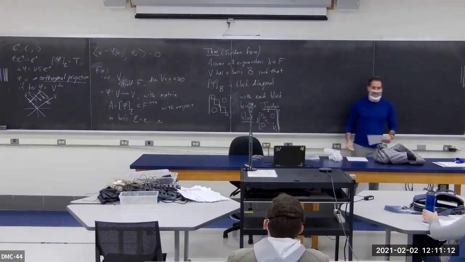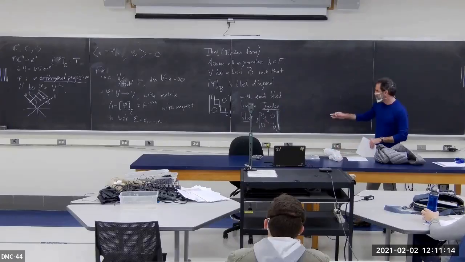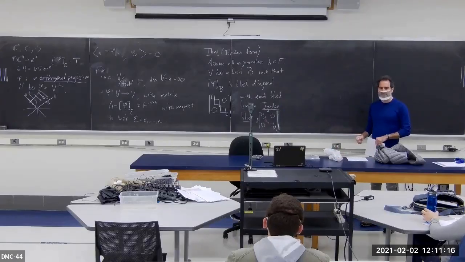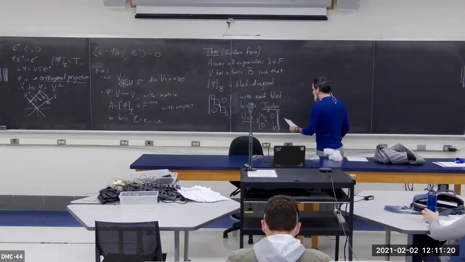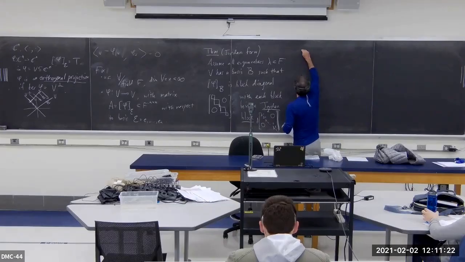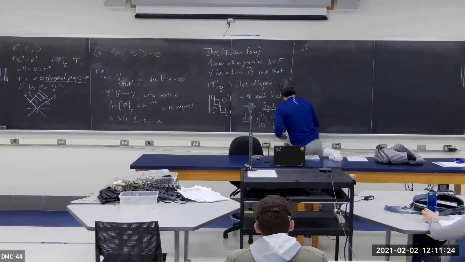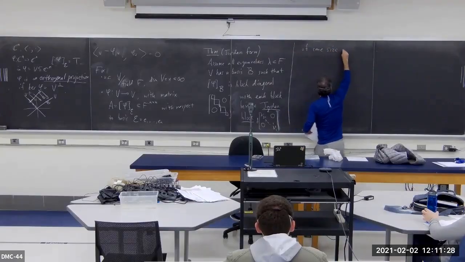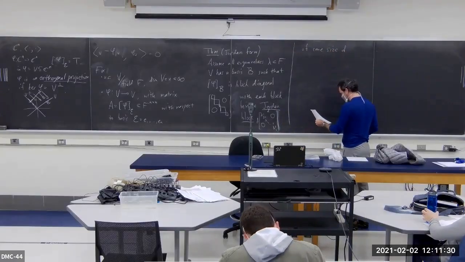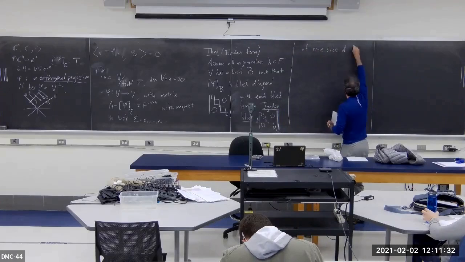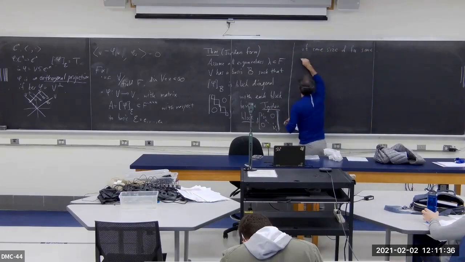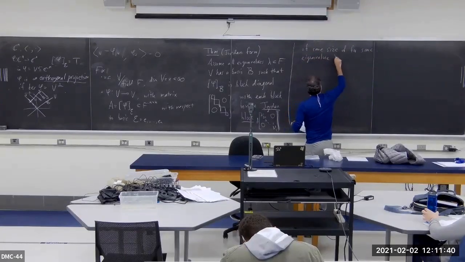So it's got lambdas down the diagonal, ones on what's called the super diagonal, and zeros elsewhere. The Jordan block of some size D for some eigenvalue lambda.